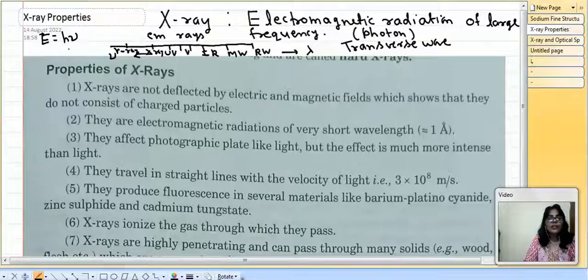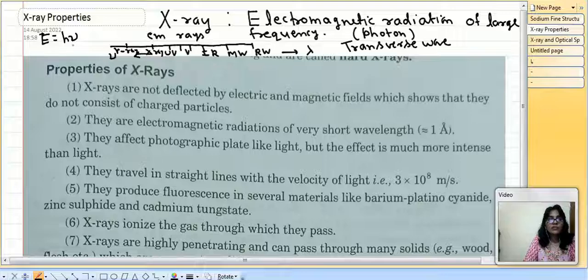Therefore it is highly penetrating. The larger the energy or frequency of the photon, the greater the penetration into any body, whereas visible light has no penetrating effect.